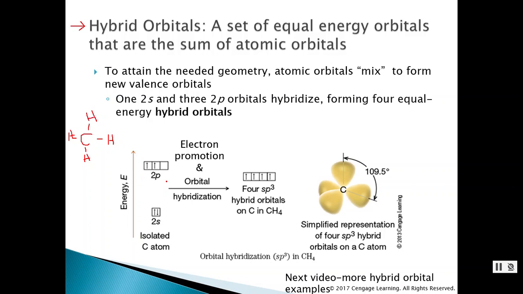Because the valence shell electrons for carbon are 2s2, 2p2. Well, we can think about the possibility of having 4 orbitals available for overlap with hydrogen if we were to take those valence atomic orbitals, the 2s and the 2p, and hybridize them. Specifically, what does orbital hybridization mean?